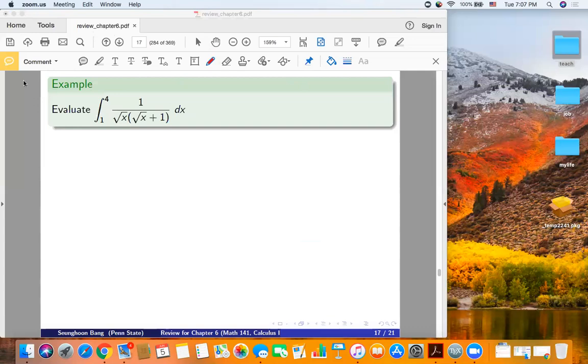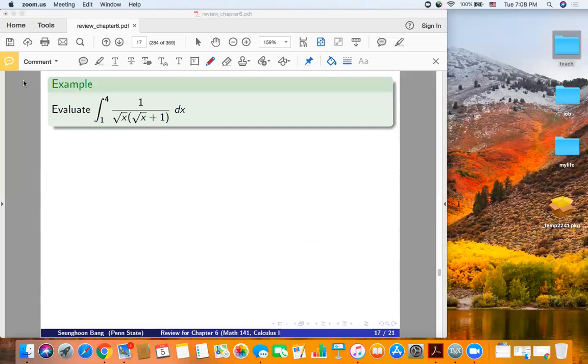How can we solve the integral from 1 to 4 of 1 over square root of x times the square root of x plus 1 dx? What kind of method do you want to use for solving this problem? Integration by parts or u substitution, which one? We have only algebraic functions, like 1 over root x and root x plus 1.